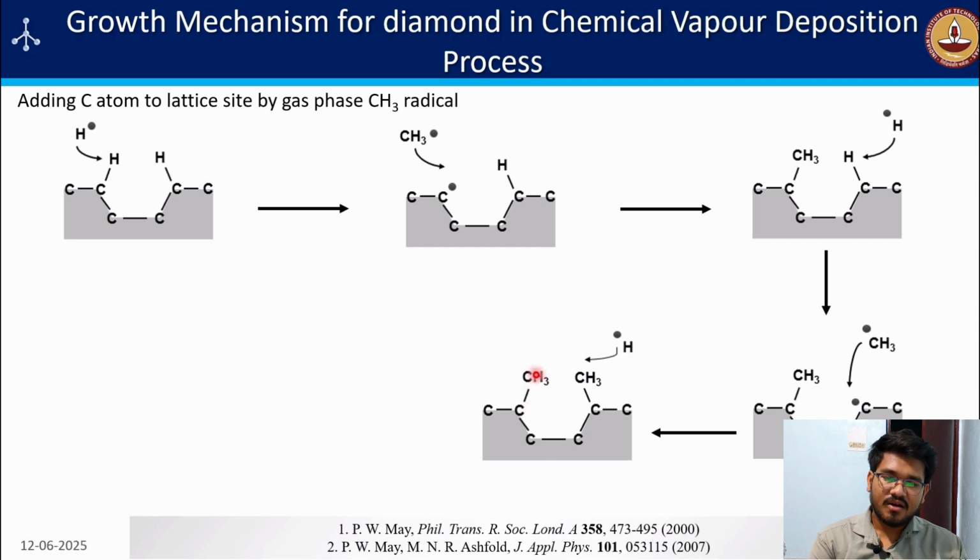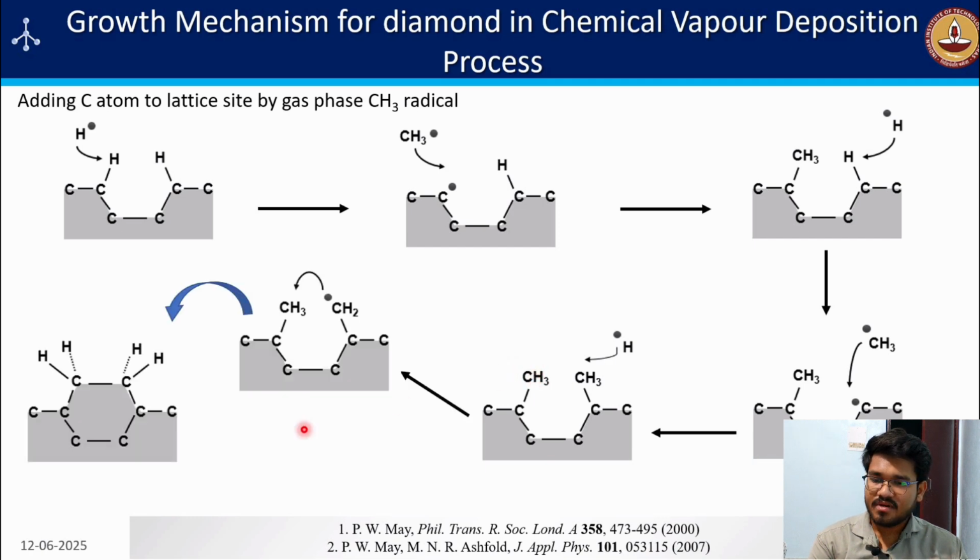So finally what will be there in the structure is leftover carbon in the tetragonal structure. This is nothing but a diamond structure, so you can grow diamond thin films. Because of this hydrogen, you can achieve a fast growth rate, and this hydrogen basically etches out the graphitic surfaces and helps in diamond growth at a lower pressure.